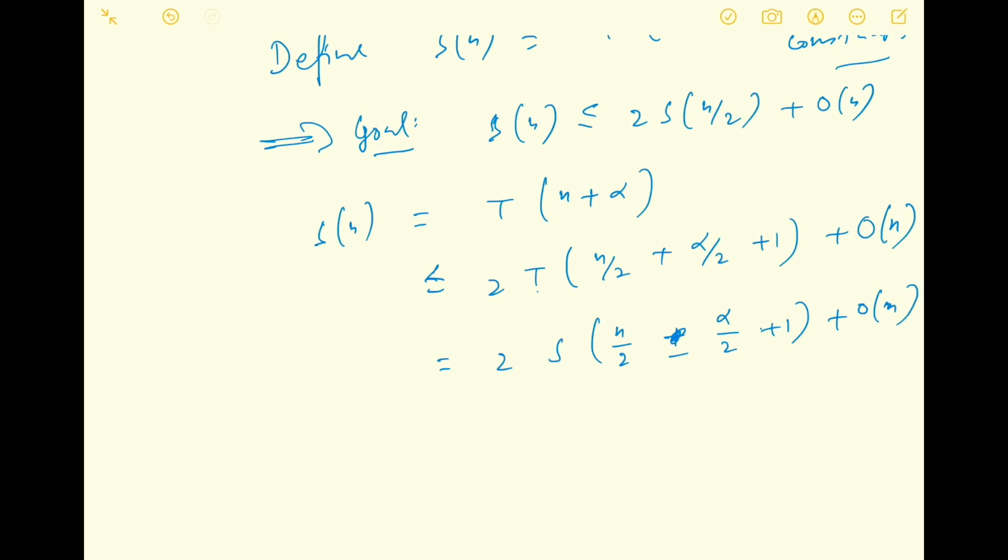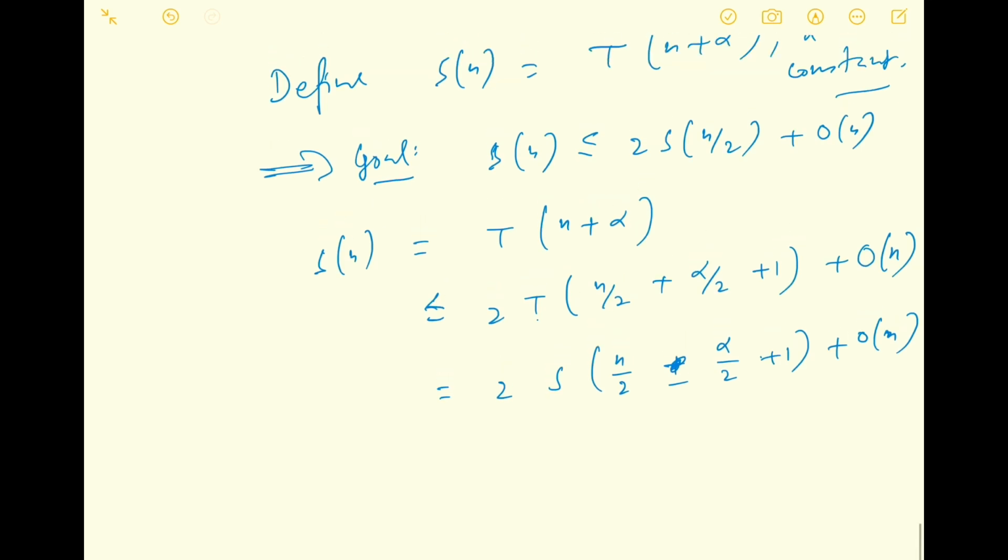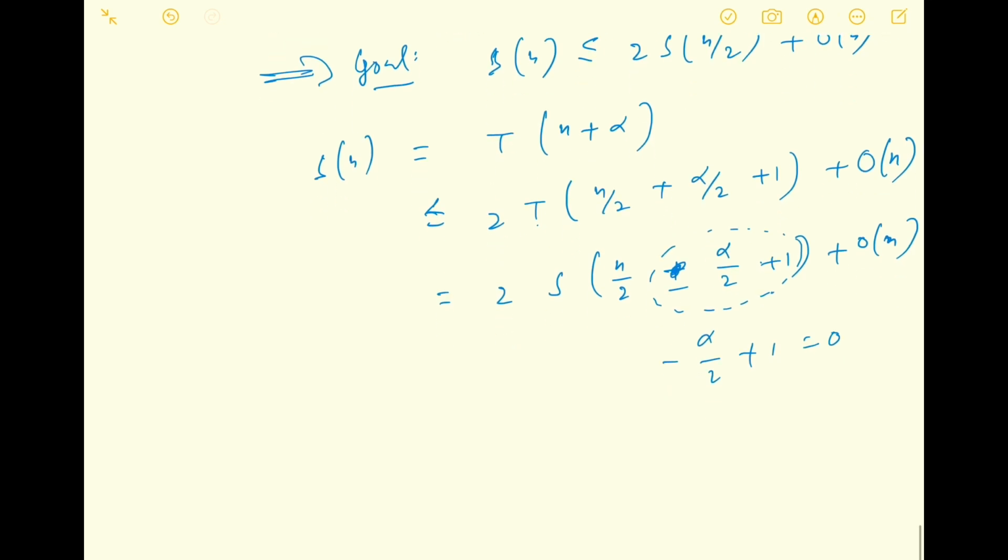If you go from Tn to Sn, you subtract alpha, and that's what you get. Now we will achieve our goal if this term is 0. If minus alpha by 2 plus 1 equals 0, then we have got what we want, that Sn equals 2 S(n/2) plus O of n. So what alpha should we choose? Alpha we should choose as 2.